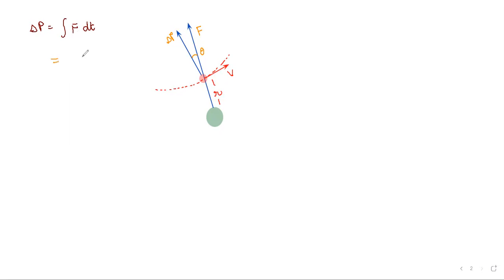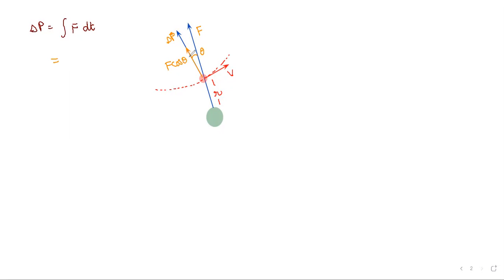So while substituting, if you want delta P, I have to take the component along that line. If you resolve that F in the direction of the reference line, I get F cos theta.